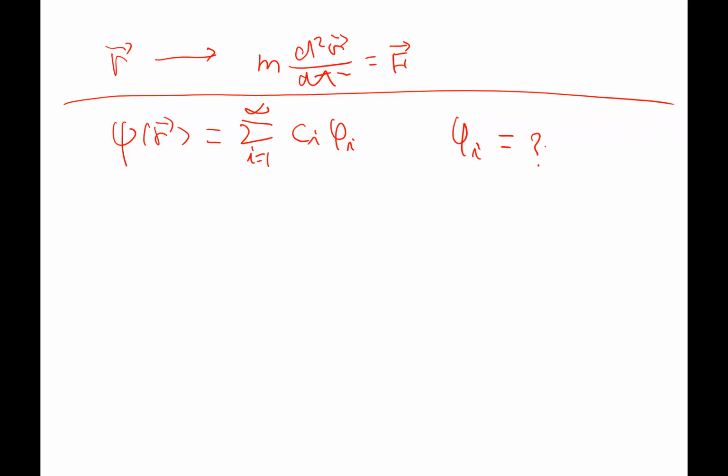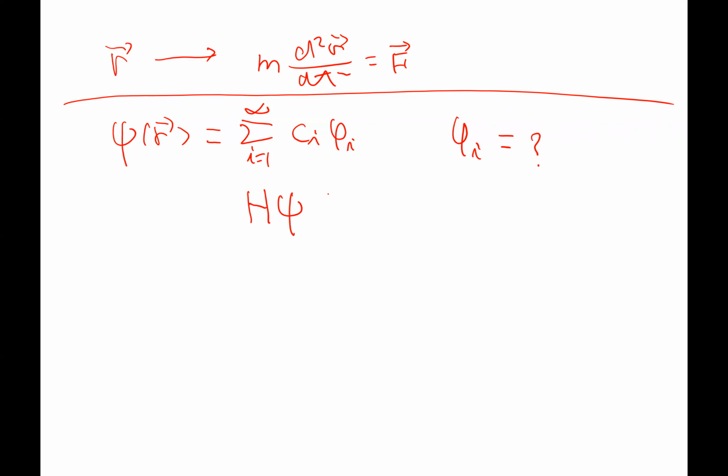To do this, we don't use Newton's second law. We use another very important equation we call the Schrodinger equation. So what is this? We have something called the Hamiltonian, and then multiply by this wave function.